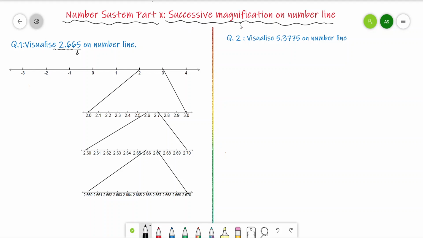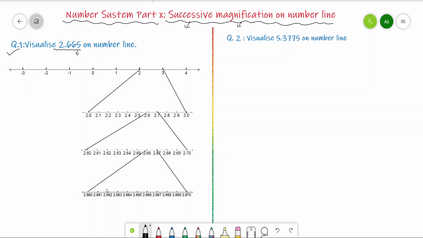You are all aware of the word magnification, that means to enlarge something, and successive means one after the other. So successive magnification means we will enlarge a number line in a successive manner, meaning we'll do it in stages. For example, we will take the first example.